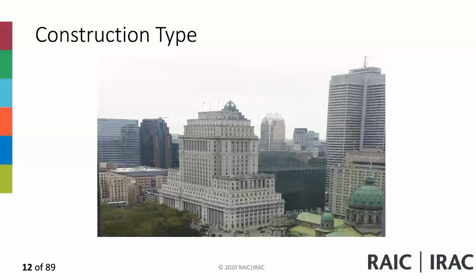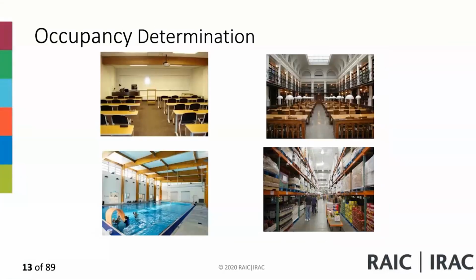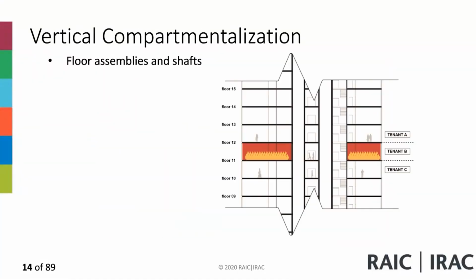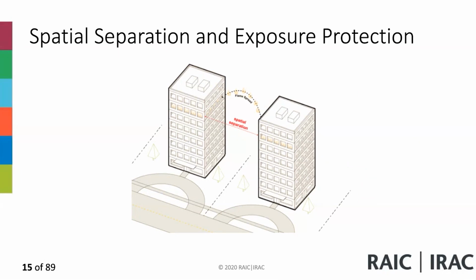In the presentation, over the next 2 days, we're going to look at construction types, classifications, occupancy determination, vertical compartmentalization, which is division of the building into compartments, floor assemblies and areas, and spatial separation and exposure protection between buildings, which depends on construction of the building and the distances between the buildings.